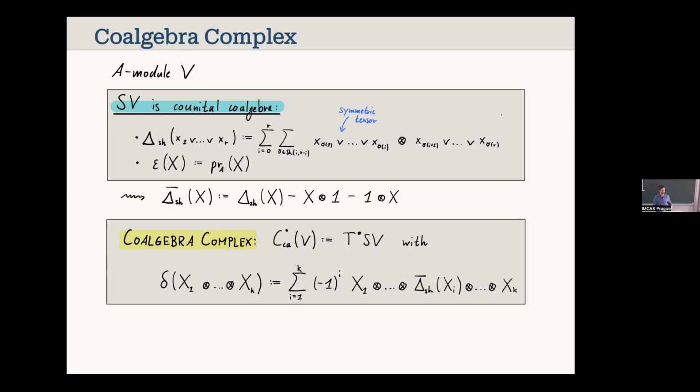Okay. Sorry. Then probably the co-unit here is okay. Maybe this is just 0, so that this is a non-co-unital coalgebra. No, it should still be the projection onto degree 0 of your symmetric algebra. Okay, so you take the 0 degree to be the algebra, but you view this as a K coalgebra.